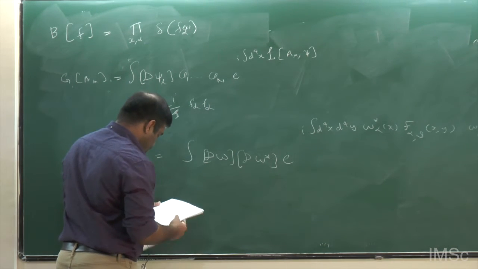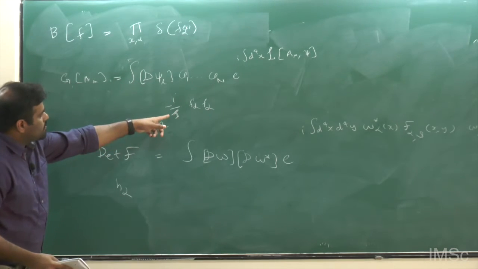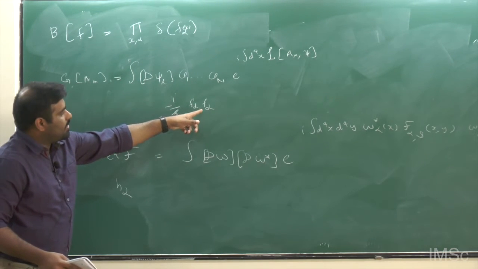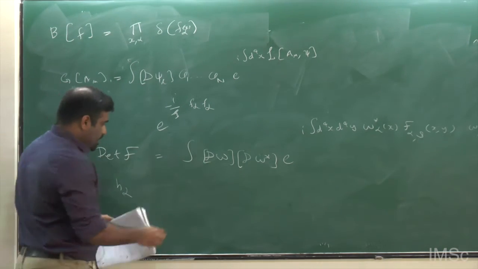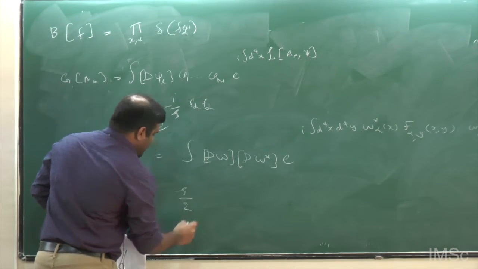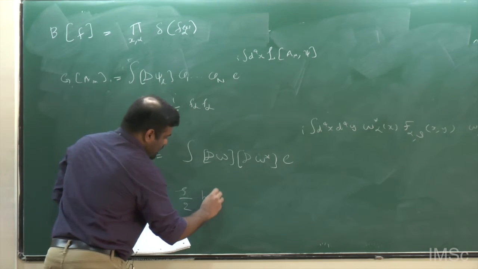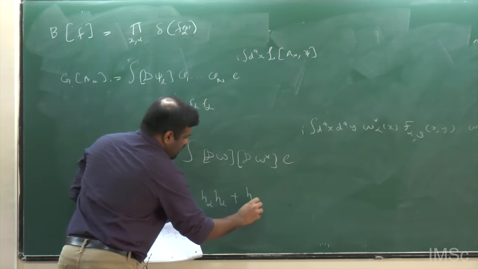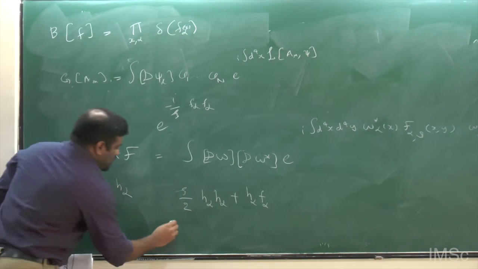So instead of using i by epsilon f alpha, I can use another piece in the Lagrangian, epsilon by 2 h alpha f alpha.